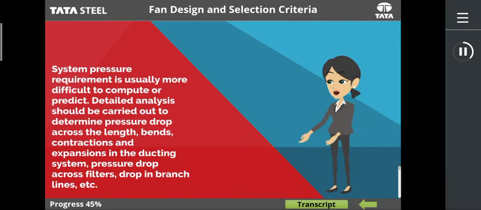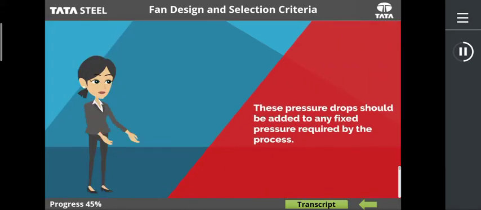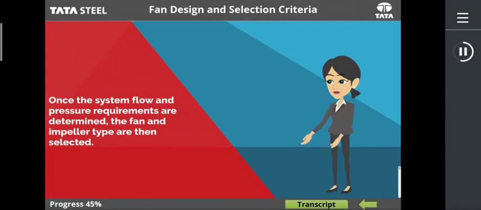Detailed analysis should be carried out to determine pressure drop across the length, bends, contractions, and expansions in the ducting system, pressure drop across filters, drop in branch lines, etc. These pressure drops should be added to any fixed pressure required by the process.